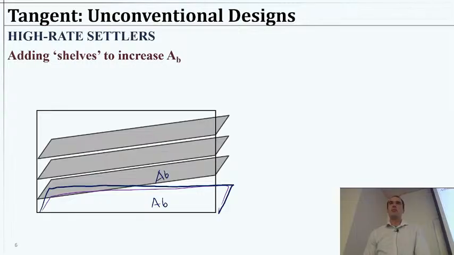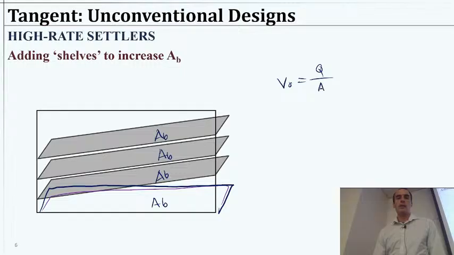So in this example, if each shelf has the same area as the ground, now we have 4 times the area, and when we write our velocity as Q over A, we now can settle particles that are 4 times as slow in this particular scenario.